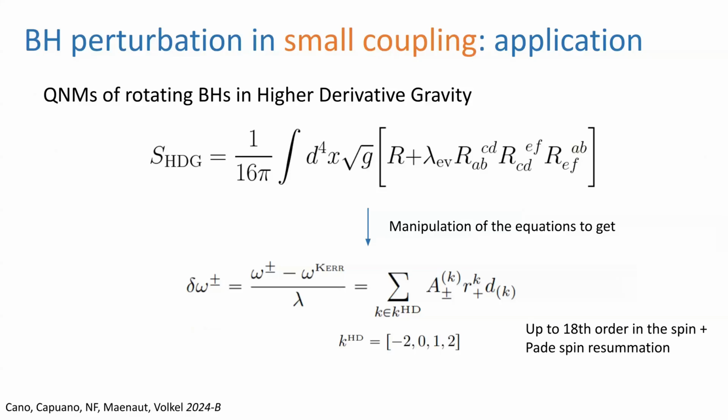And for all the parameter space we checked, there is no instability. At least these values are rather small because we are working at linear order in lambda. But for the values we checked, there is no instability.